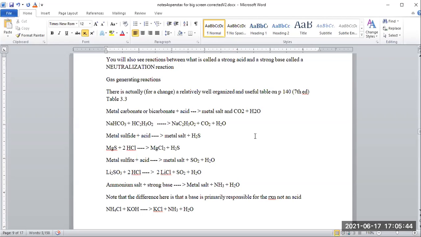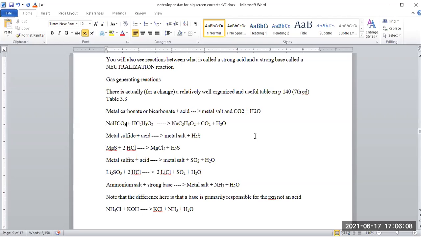The ones that we've mostly been looking at thus far have only had 2 products. Many, not all, but many gas generating reactions have 3 products. Now you'll see the one below it only has 2. This is why I said many, not all.